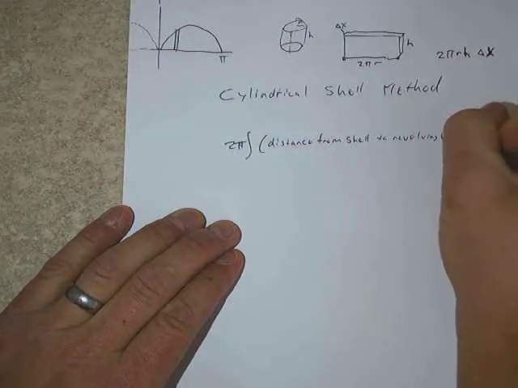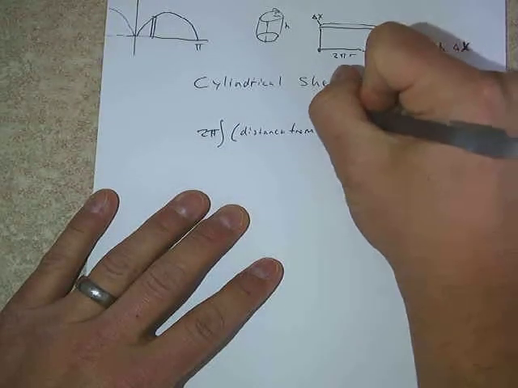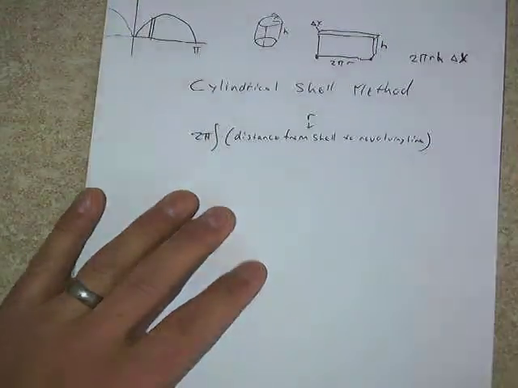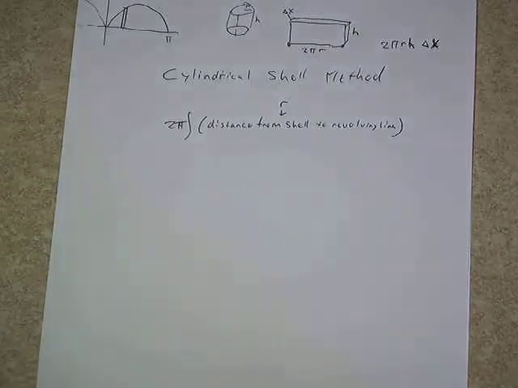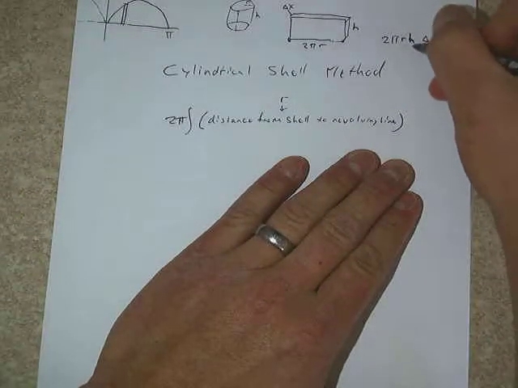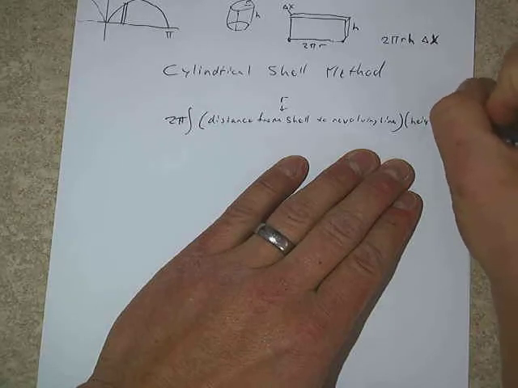Ultimately, here's the general formula in any cylindrical shell problem. We're going to have 2 pi as our outside part. And then the r part here, this radius part, is always going to be the distance from shell to revolving line.